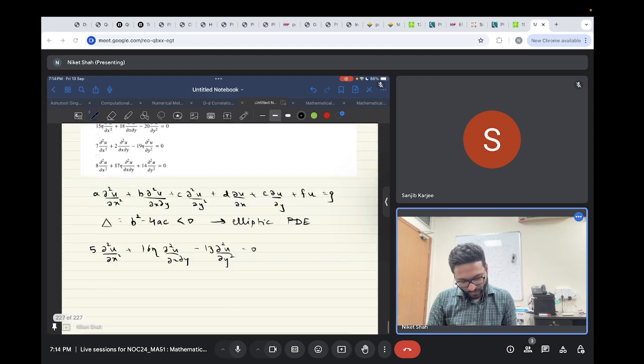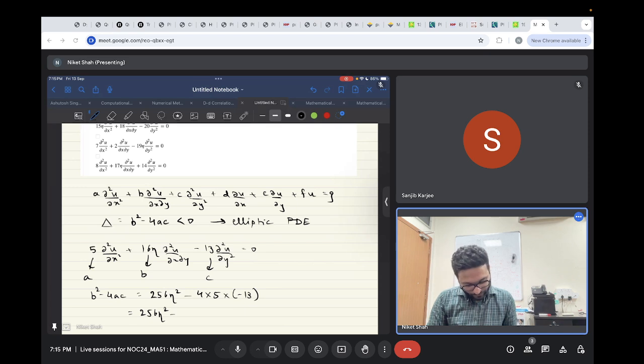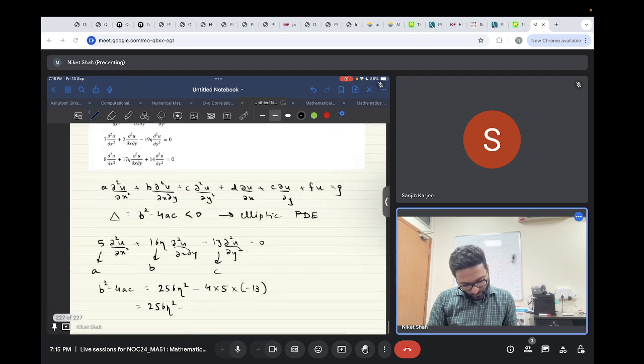Here we can very easily identify B, A, and C. So B square minus 4AC is equal to 256 eta square minus 4 into 5 into minus 13. This is equal to 256 eta square plus 260.